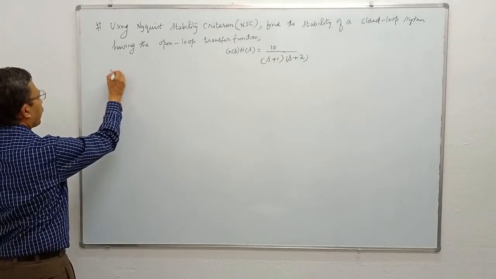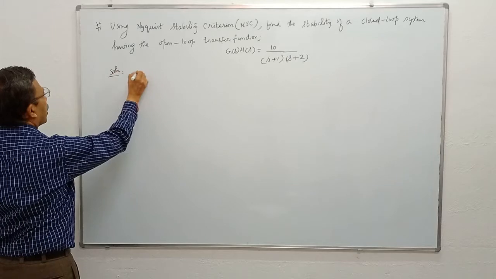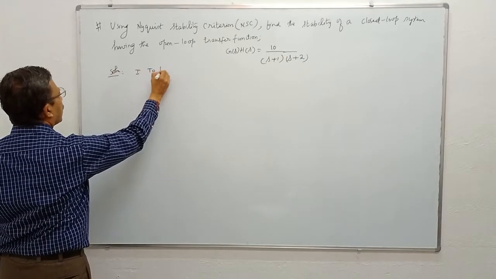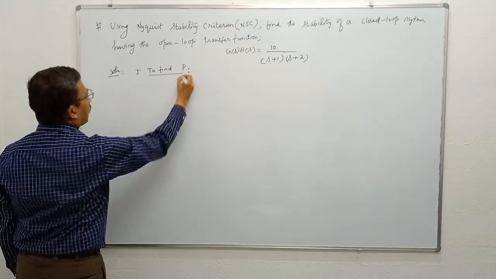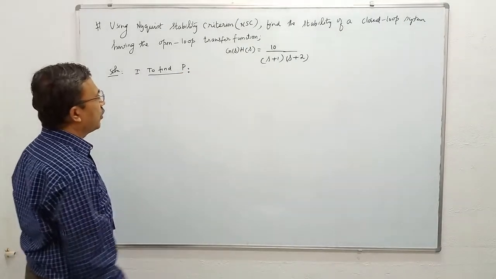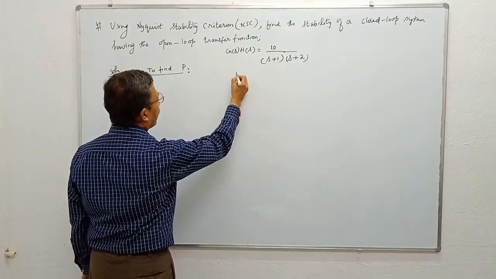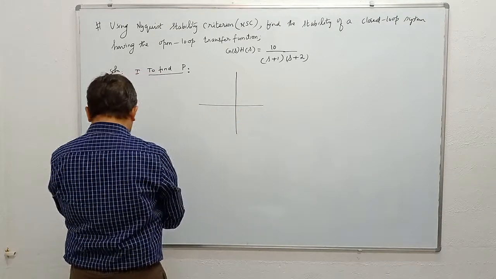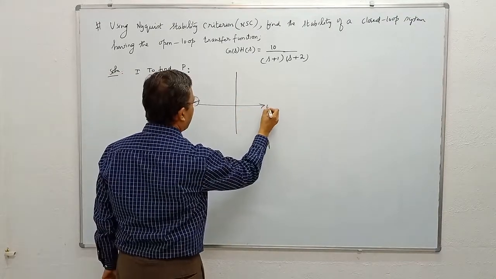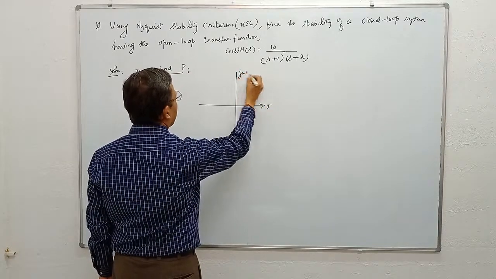Solution. Step 1, to find P. Plot the poles of G(s)H(s) on the s plane. S plane is a complex plane having real axis sigma, imaginary axis j omega.